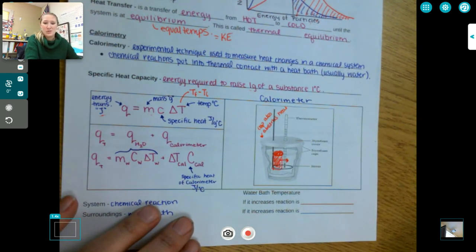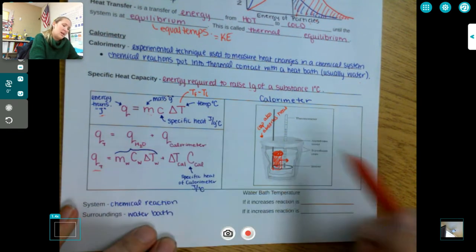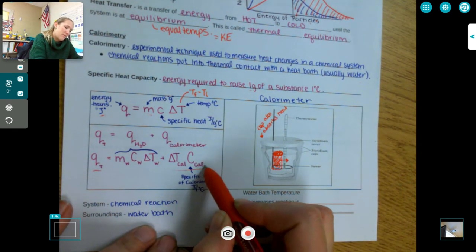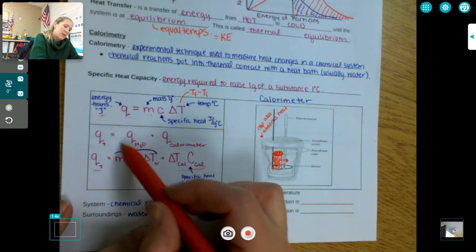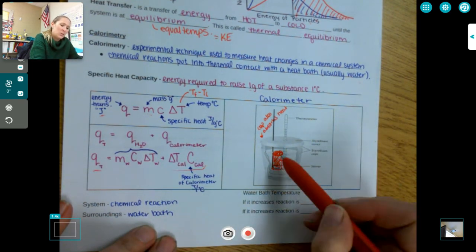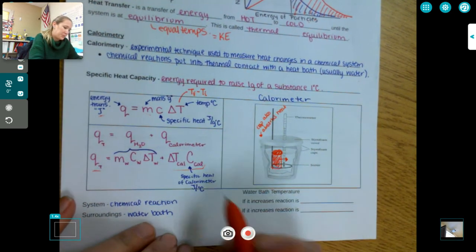And we need to start factoring that in because that's going to impact how much energy is actually transferred. So our numbers are going to be off a little bit up until this point, but now we can start factoring in the heat absorbed by the water, and the heat absorbed by the calorimeter is equal to the heat given off by our hot metal.